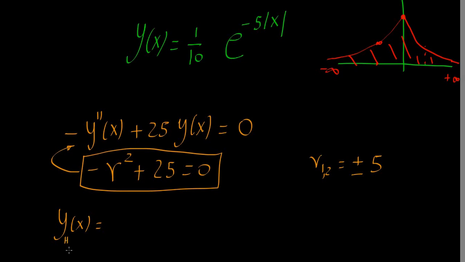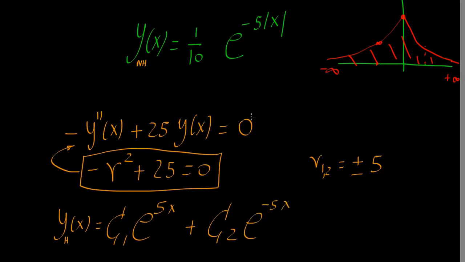We can use an H here to show that it is a homogeneous solution. Here we can just put NH, which is the non-homogeneous solution. This homogeneous solution is just e to the power 5x, the first root, linearly combined with the second root, which is e to the power minus 5x. Okay?